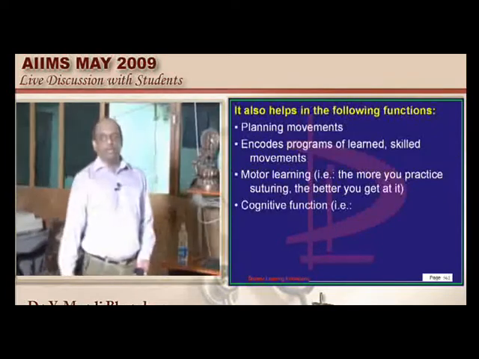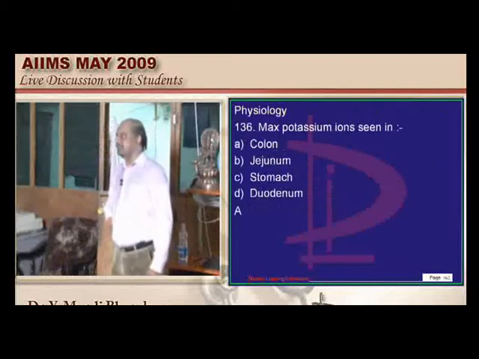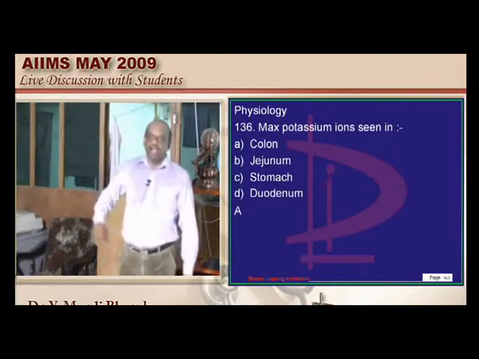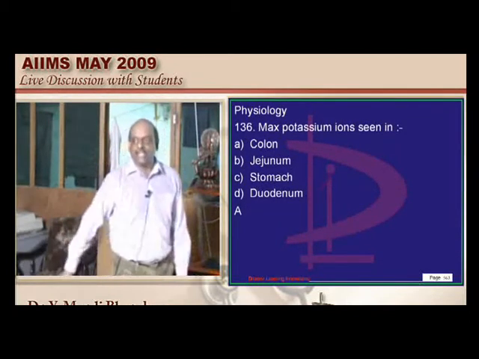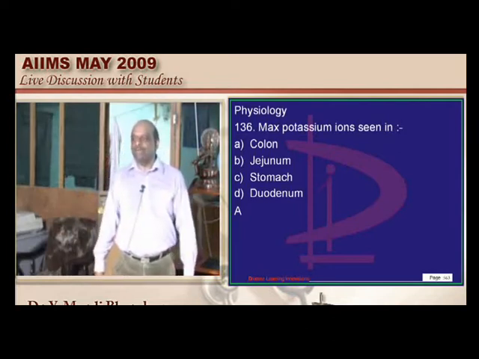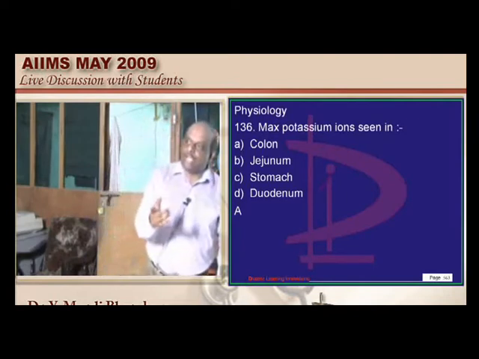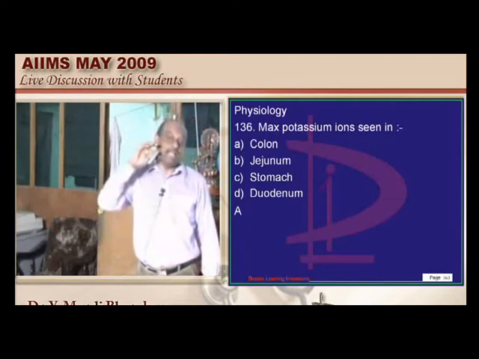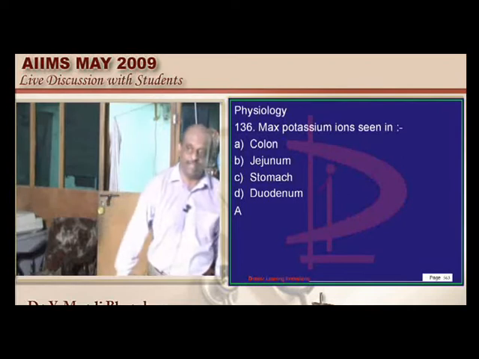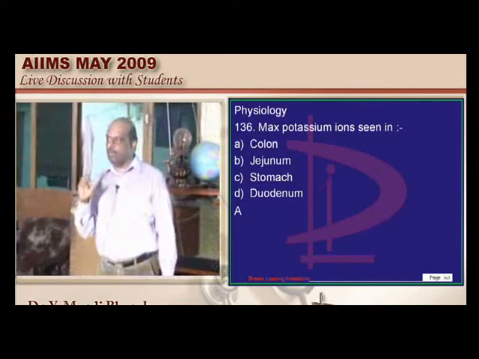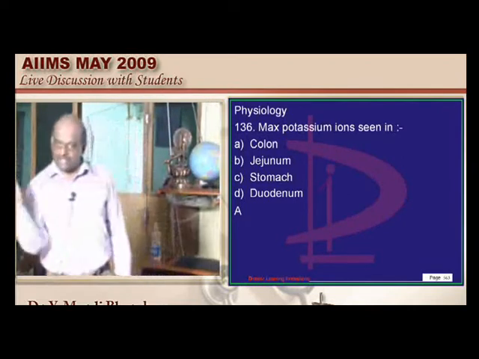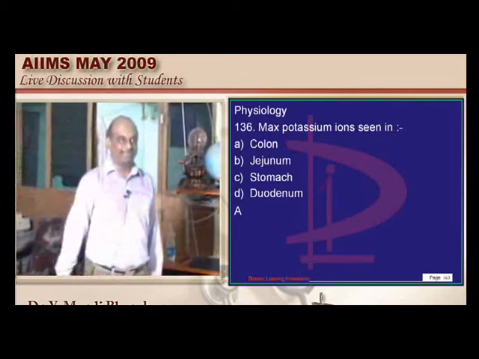Now let us talk about the potassium ions. Where are they maximum? I have gone through all my physiology books after a long time about this potassium story. Actually, the only part of the GIT where potassium is actively secreted into the lumen is where? Everywhere it is absorbed, but only in one part of the GIT it is secreted into the lumen, the colon.